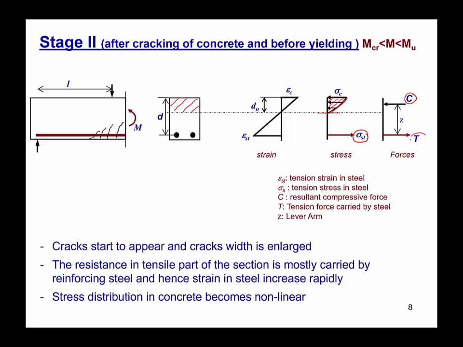And T denotes the total tensile force acting on the steel. The total tensile force can be computed by the area of steel, which is AST, multiplied by the stress in the steel, that is sigma ST. That gives us the total tensile force acting on the steel, whereas C denotes the total compressive force acting on the concrete.